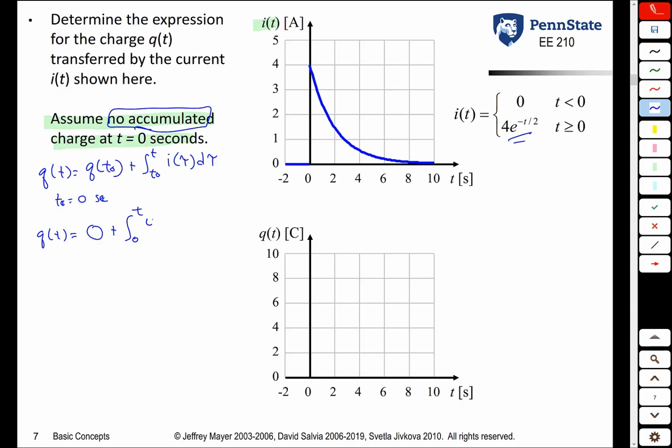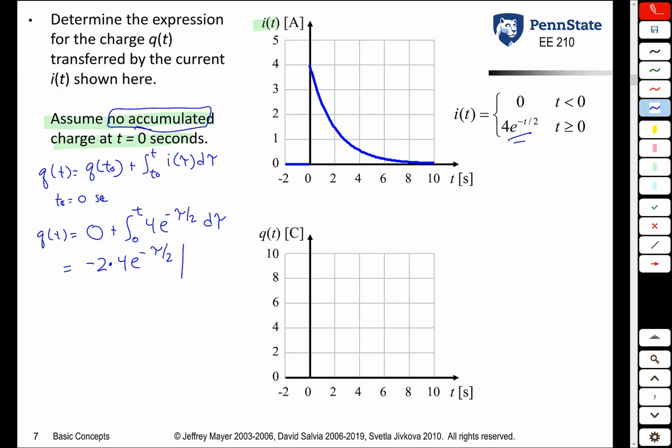So here we write it as 4e to the minus tau over 2 d tau. We're using this dummy variable. So the integral of 4e to the minus tau over 2 is minus 2 times 4e to the minus tau over 2.